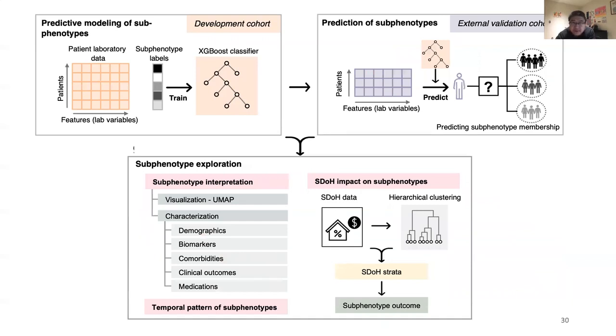We also built a predictor based on the data from the development cohort, and used that predictor to predict the cluster membership in the validation cohorts, and we see the predictive power of such a predictor. The input variables of the predictor are essentially those lab test values.